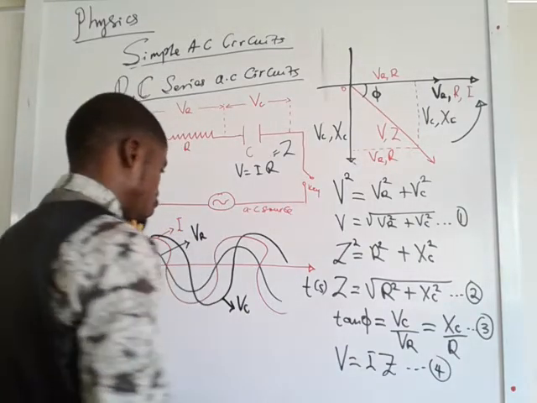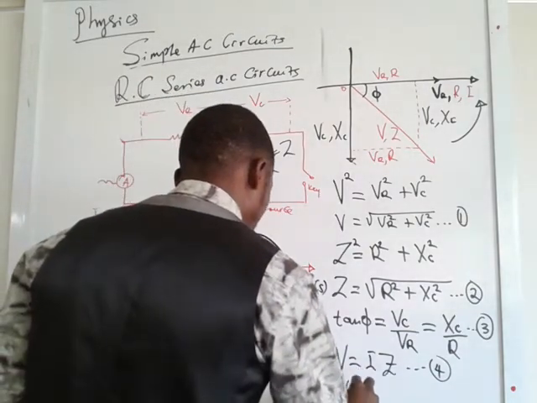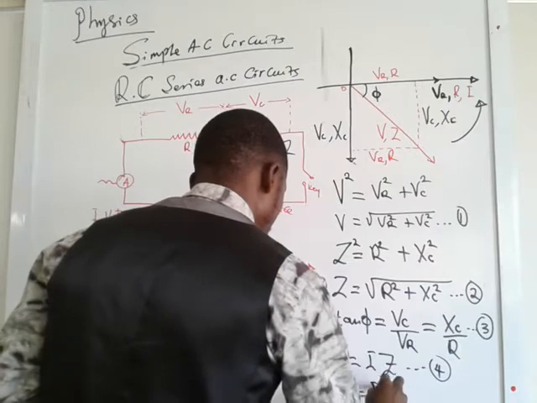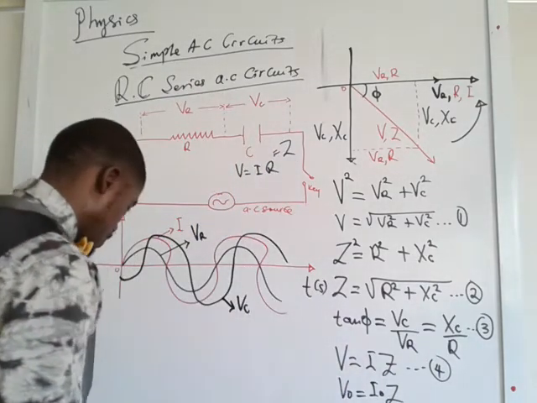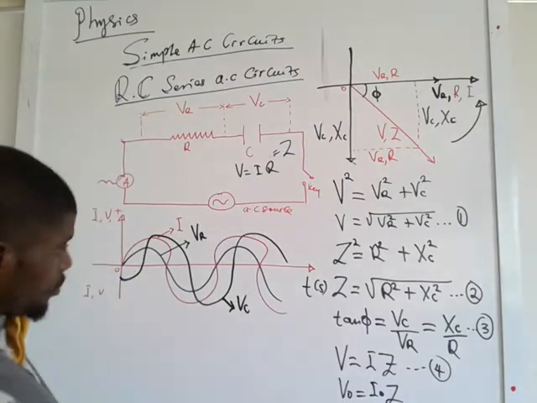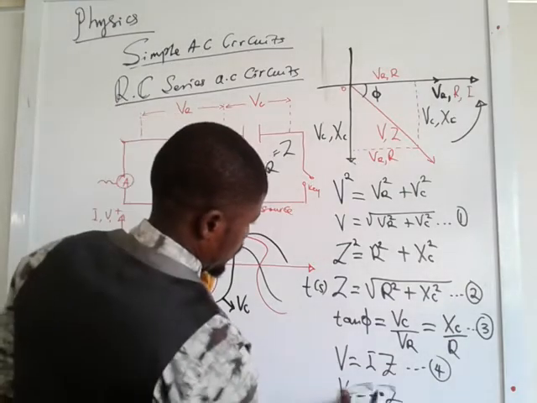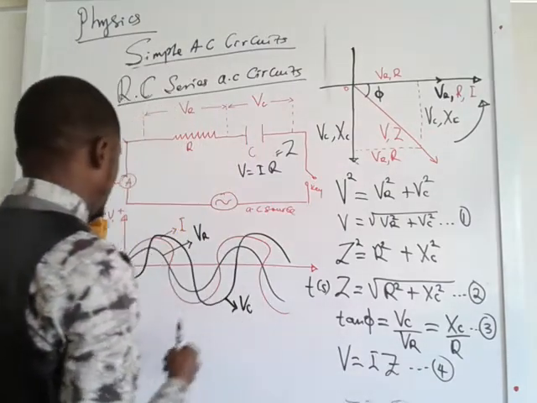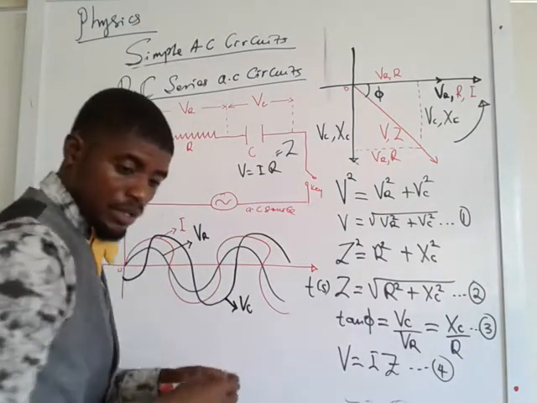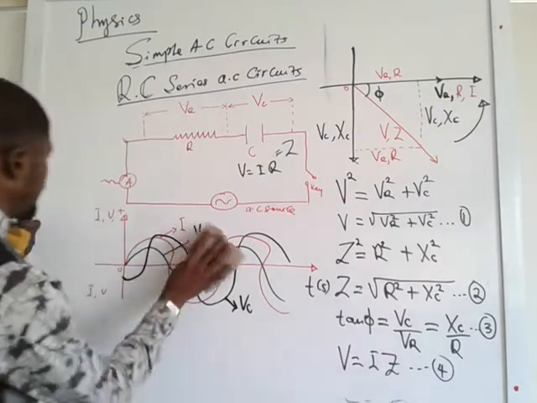Then for your root mean square value, you know that your V naught equals your I naught Z. You also know again that, okay, let me bring this up quickly. This is equation number 4. You also know, let me clean this quickly.